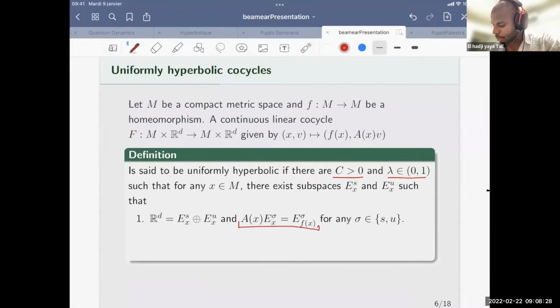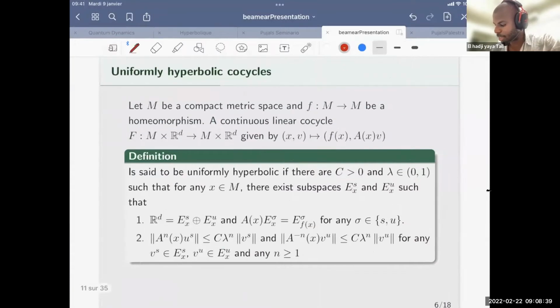to the stable bundle, I'm using this word, but you can think of Es(x) as stable and Eu(x) as unstable because of the following estimate. A^n(x) restricted to Es(x) is exponentially contracting, and A^n(x) restricted to Eu(x) is exponentially expanding.